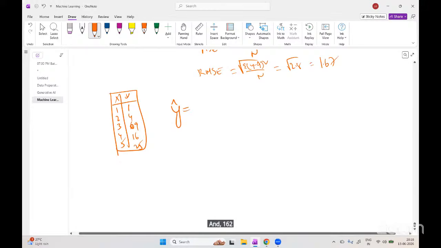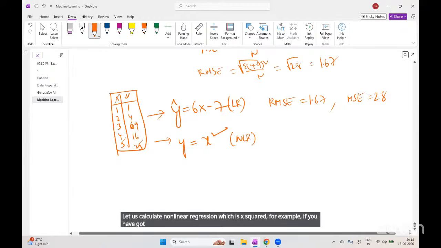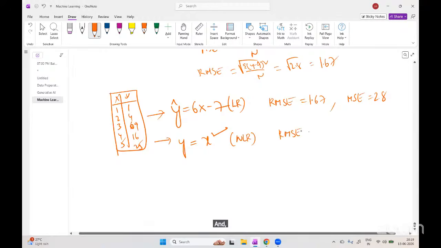For linear regression, you got 6x minus 7, with an RMSE value of 1.67 and an MSE value of 2.8. Now let us calculate non-linear regression for the same data, which is x square. For example, assume that you have got an RMSE of 0.